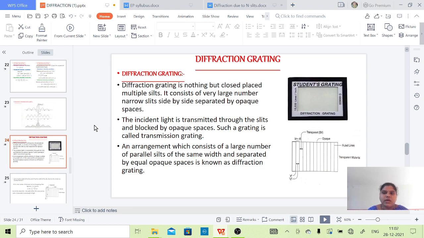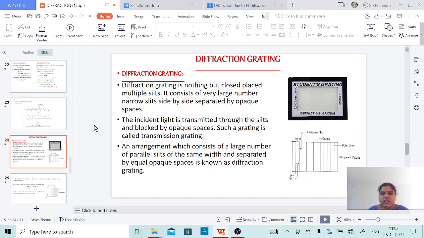Let us see what a diffraction grating is. A diffraction grating is nothing but closely packed, that means closely placed, multiple slits. It consists of a very large number of narrow slits side by side, separated by opaque spaces. See how it is partitioned inside the grating.